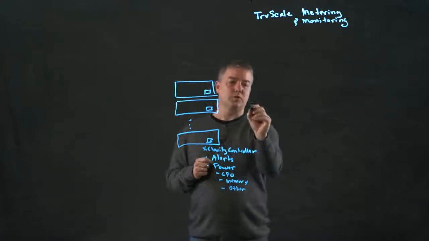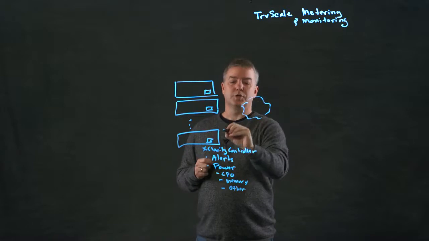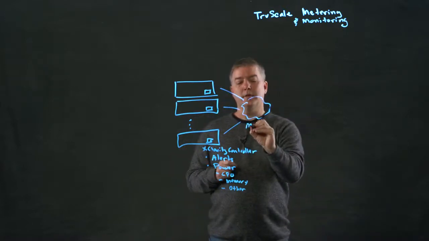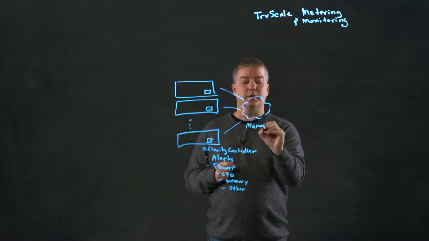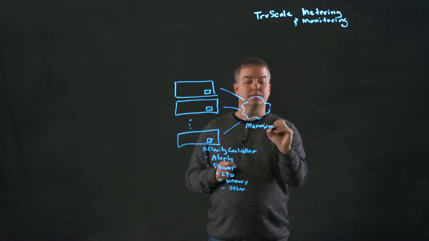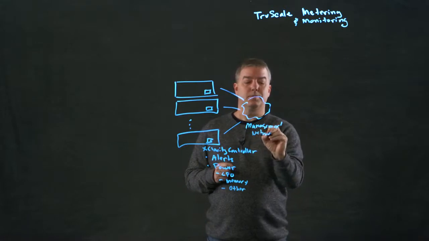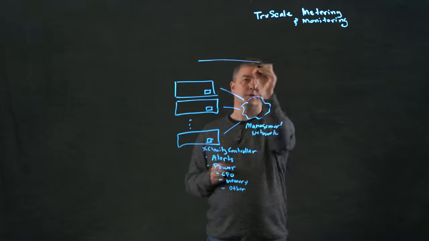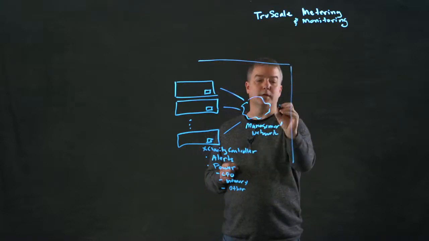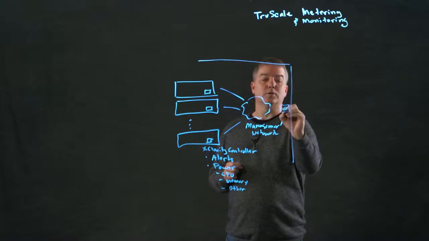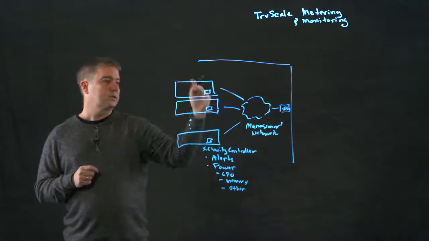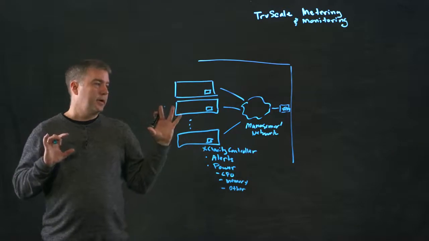Now, if you think about TruScale, typically you'll have our systems configured with this management network right here. Within that, we're going to have the customer data center, and in the customer data center, we'll architect in a VPN, a virtual private network. This is all within the customer data center.